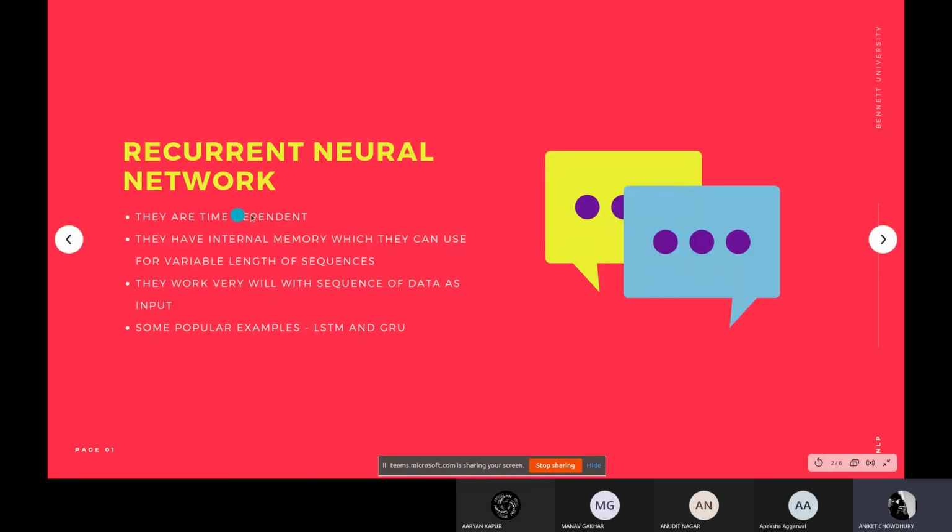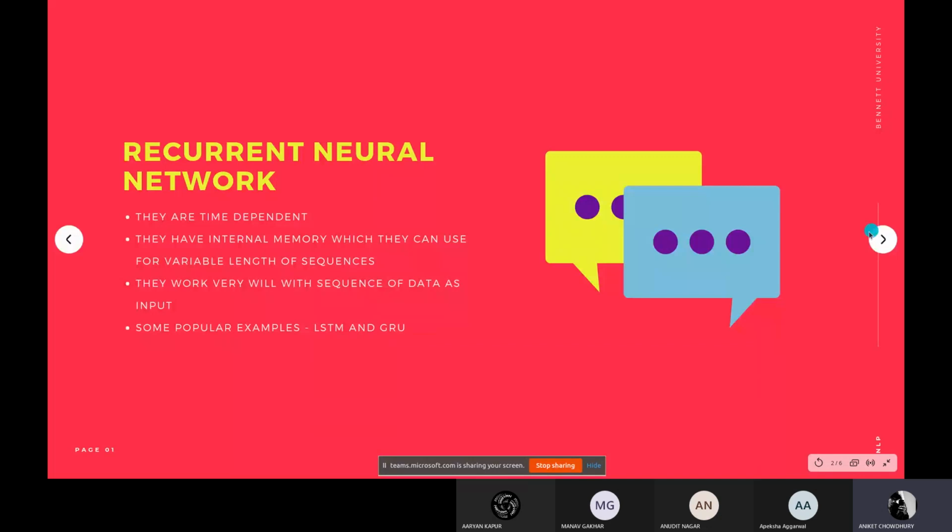They have an internal memory, also known as the hidden state. Recurrent neural networks work very well with sequences of data, whether it be generation or inference from text. Some popular examples are LSTM and GRU, which were created because of the shortcomings of the conventional vanilla recurrent neural network.